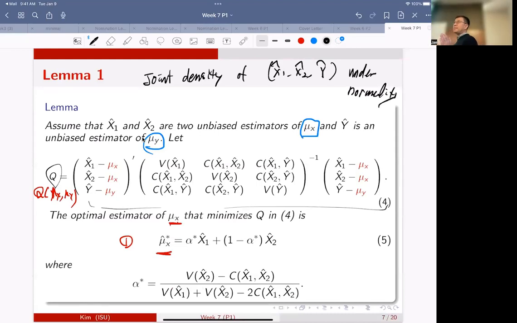What is the density function of the joint normal distribution? You have something, but at the end of the day, you will have the exponential of minus half Q.